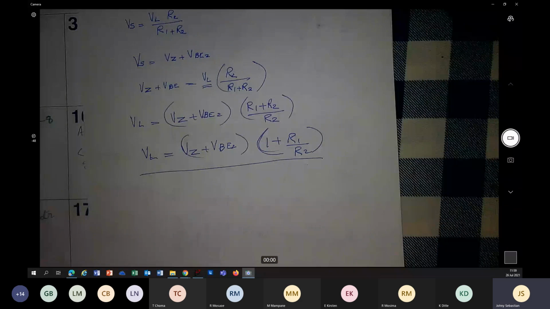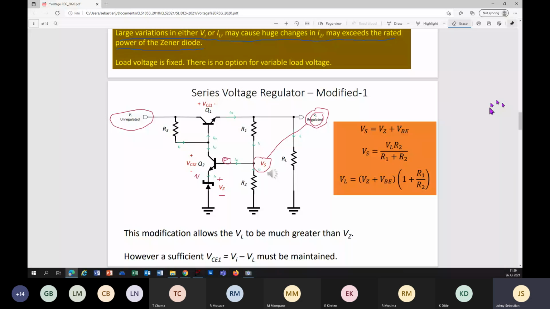Let's go back to the slide. Almost everything we need is already here. Let's see the statement. This modification allows VL to be much greater than VZ.